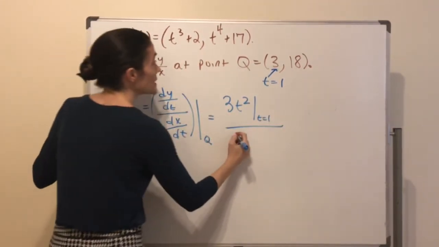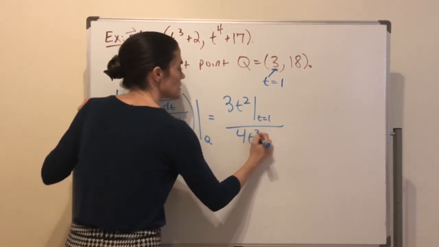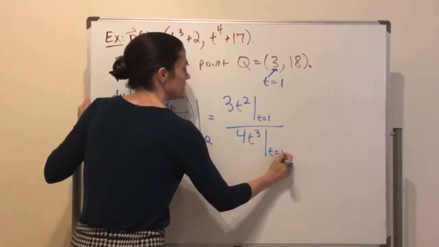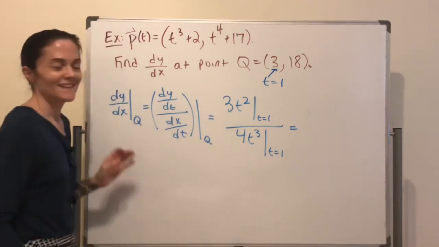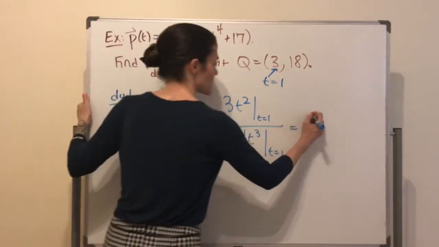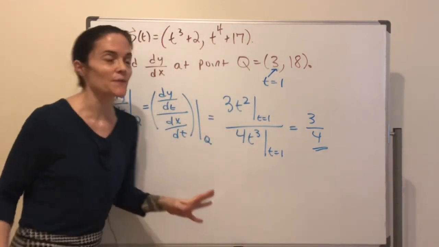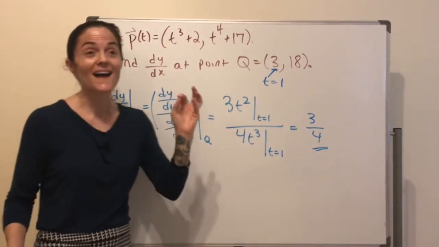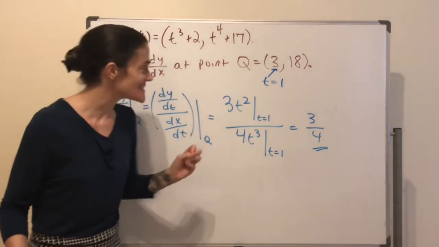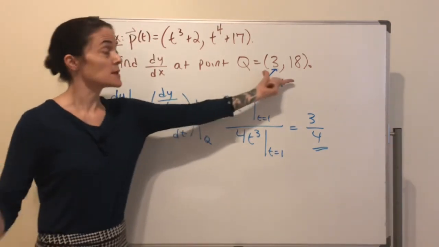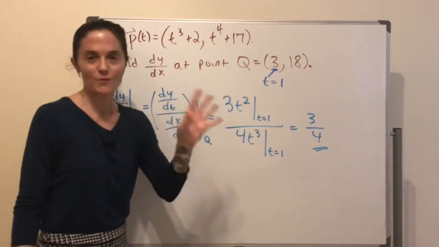In the denominator, we have 4t cubed at t equals 1. And you see here, this is just 3 over 4. So the instantaneous rate of change of y with respect to x at this point is 3/4.